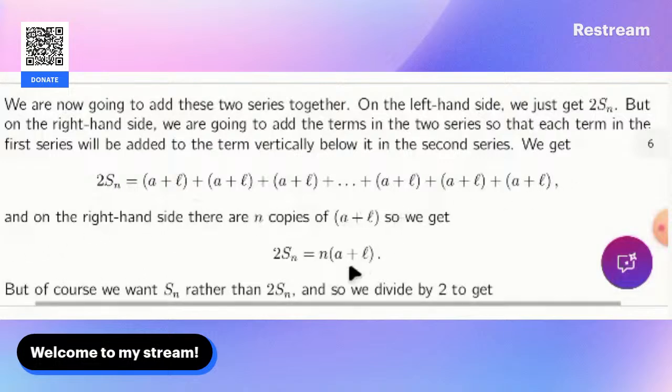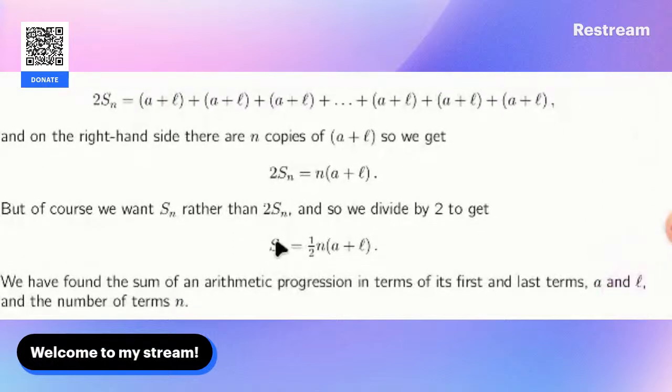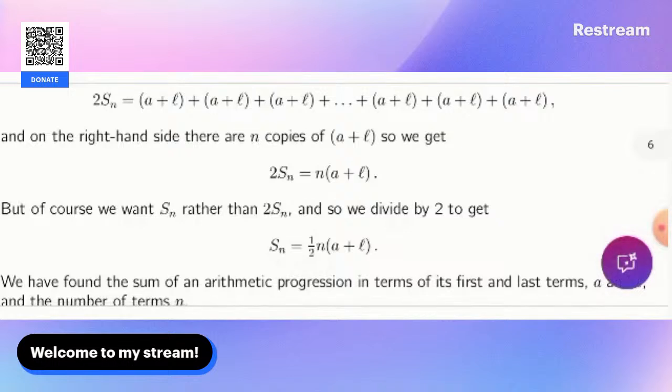So on the right hand side, we are going to get n into a plus l, where a is the first term and l is the last term. So if you divide both sides by these two here, you're going to get this formula that for every Sn, we have found that the sum of all the series is just Sn, which is just 1 over 2 n into a plus l.